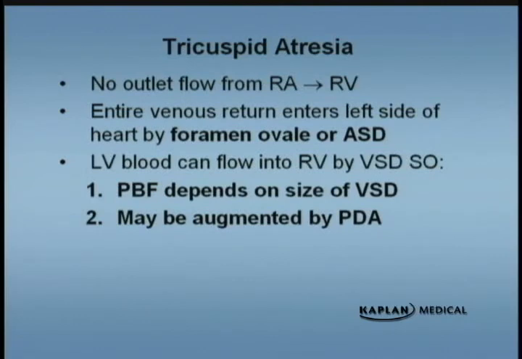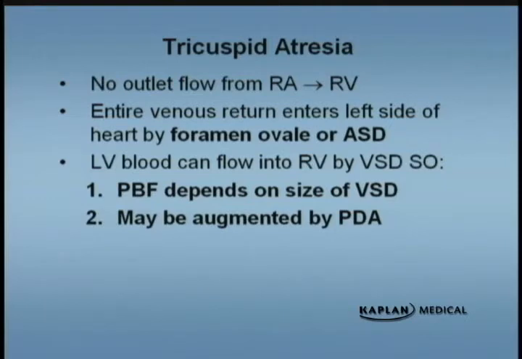Tricuspid atresia a lot of times almost looks like a tetralogy of Fallot, similar type of findings as far as there's no blood flow to the lungs because since there's tricuspid atresia, there's very little blood going from the right atrium to the right ventricle, and so very little blood is being pumped from the right ventricle out to the lungs, and so you may have a single second heart sound also, like you do with the tetralogy of Fallot.